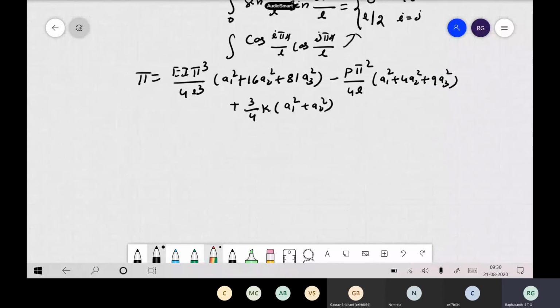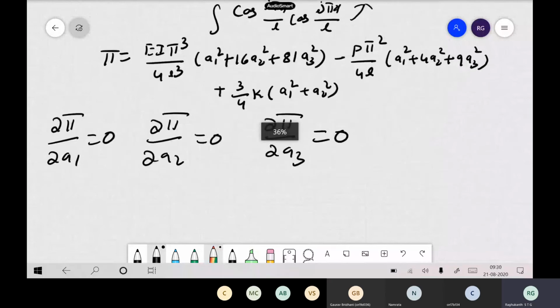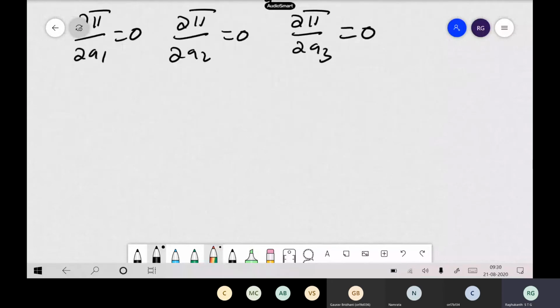Now to find our buckling loads, we have to do dou pi by dou A1 equal to 0, then dou pi by dou A2 equal to 0, and dou pi by dou A3 equal to 0. You have to take all these derivatives, and finally you can write this in a nice matrix format.